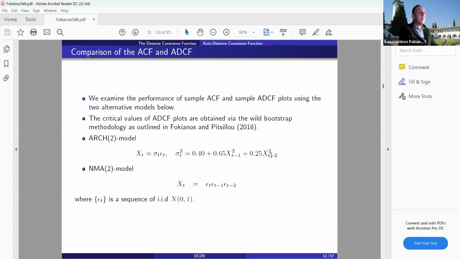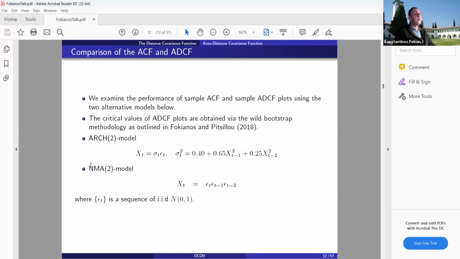So let's see what this estimator gives that the correlation coefficient, the usual sample autocorrelation function, doesn't give us. Let's examine the performance of the sample autocorrelation function and the sample auto-distance correlation function. I will use two different models. One is the ARCH(2) model. It is well known that for the ARCH(2) model, the observations xt are uncorrelated, so the autocorrelation function doesn't give you any idea about the dependence structure.